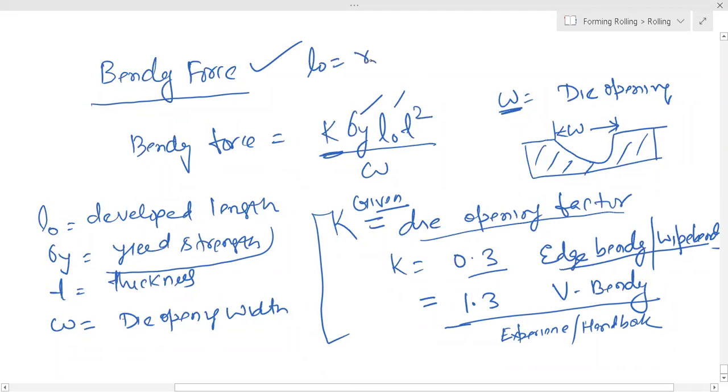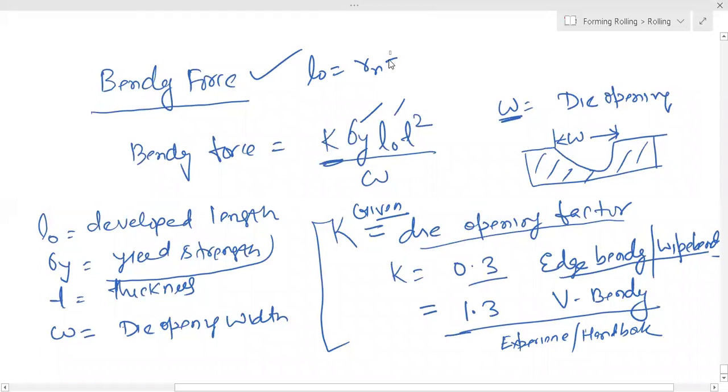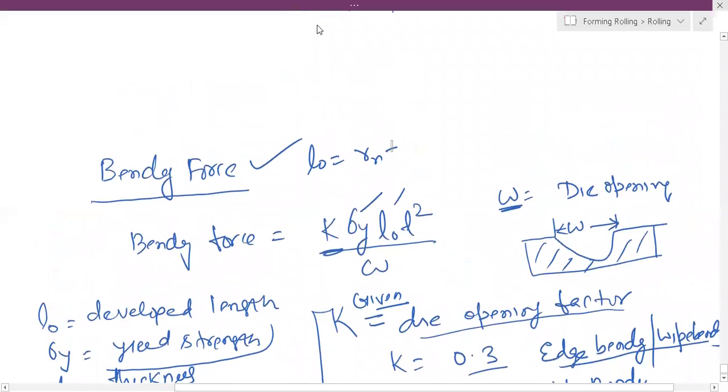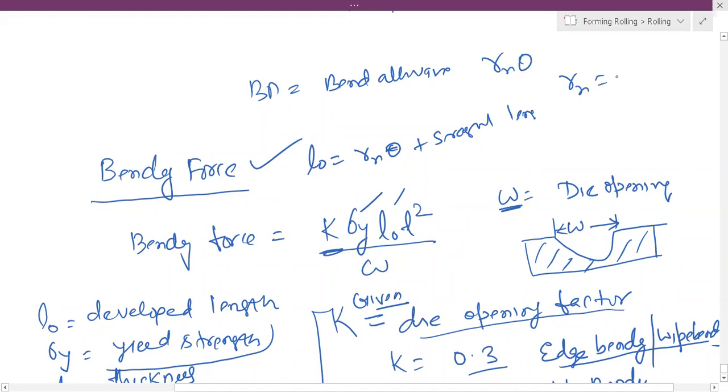L0 is equal to Rn theta plus straight length, and BA is the bend allowance, that is Rn theta, and Rn is equal to R plus K T. I'm writing K dash, don't confuse.